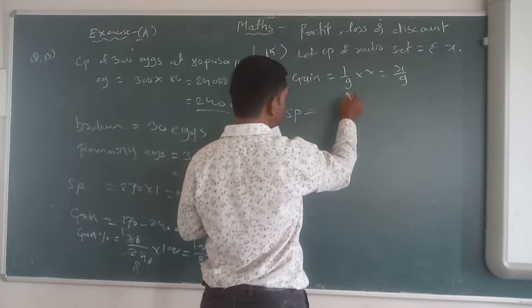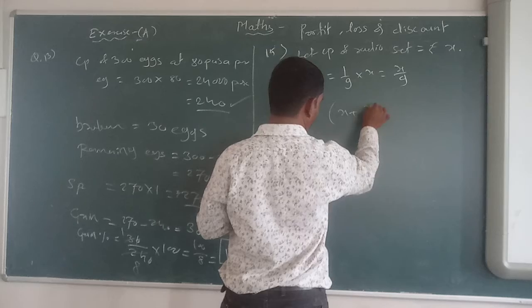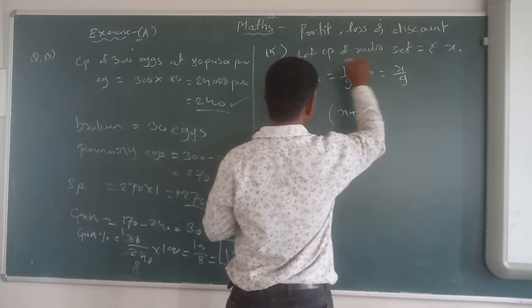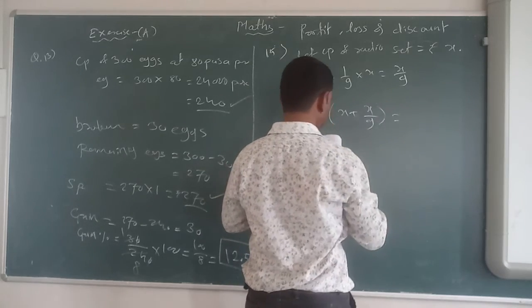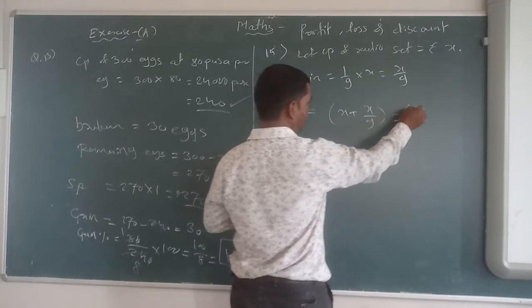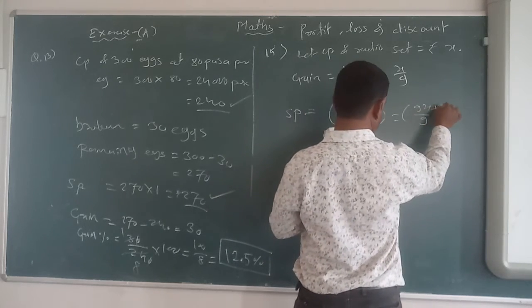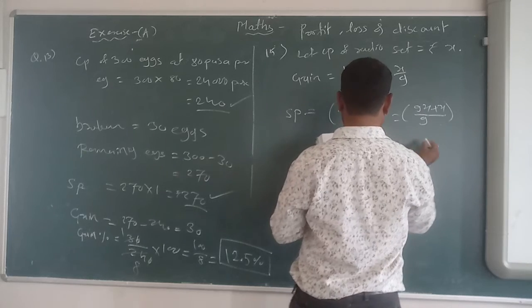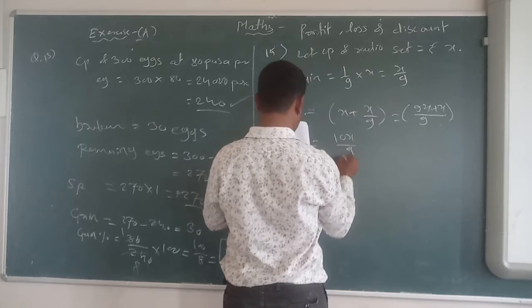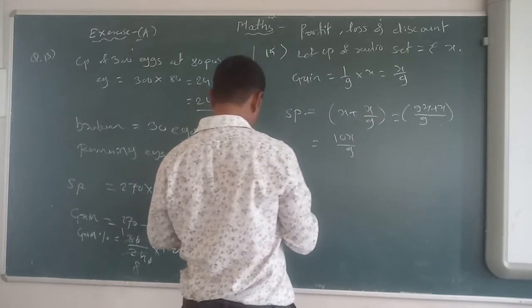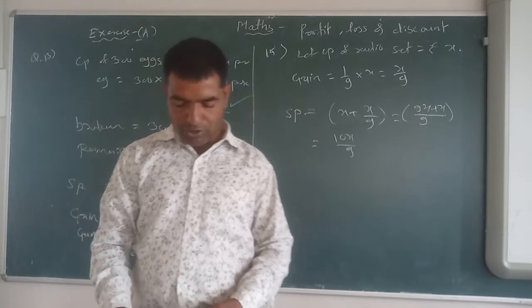Gain is there, so SP is CP plus gain, that means X plus X upon 9, which equals 9x plus x upon 9, equal to 10x upon 9.